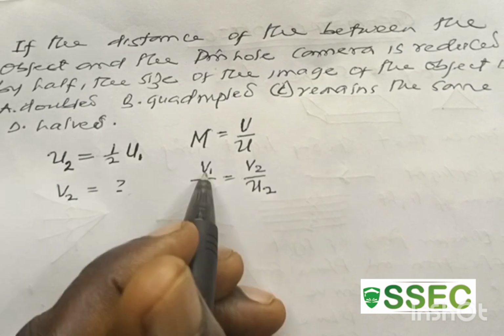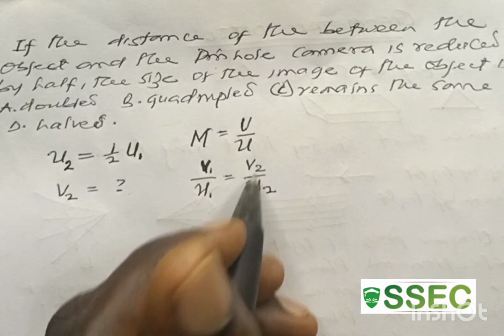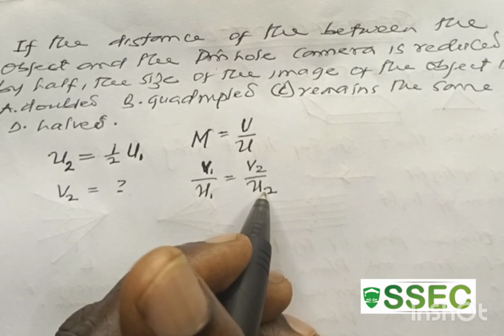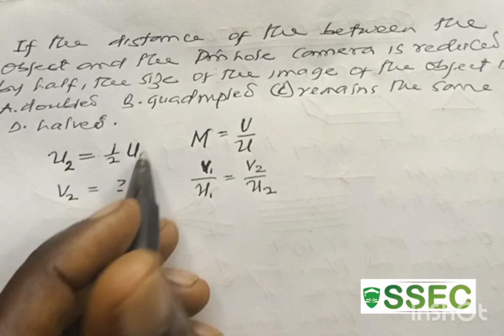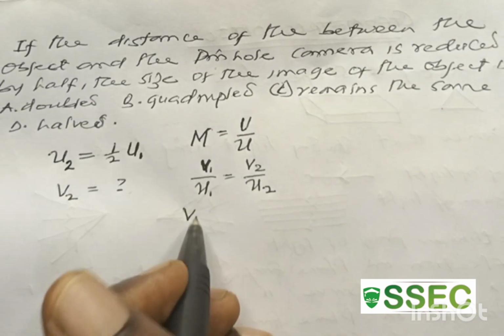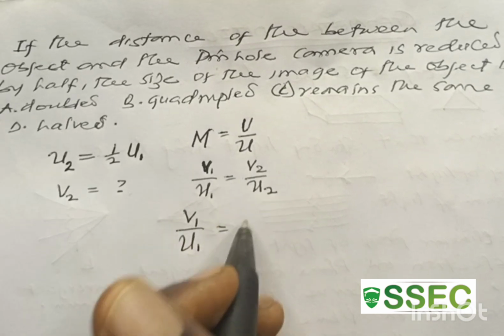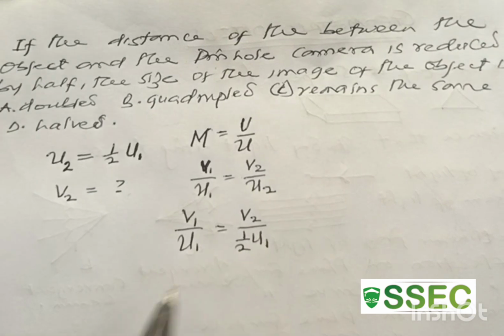So we can now say your V1 remains V1. Your U2 is no more U2. Your U2 is now what? Half of U1. So we can rewrite that V1 over U1 equals V2 over half of U1.